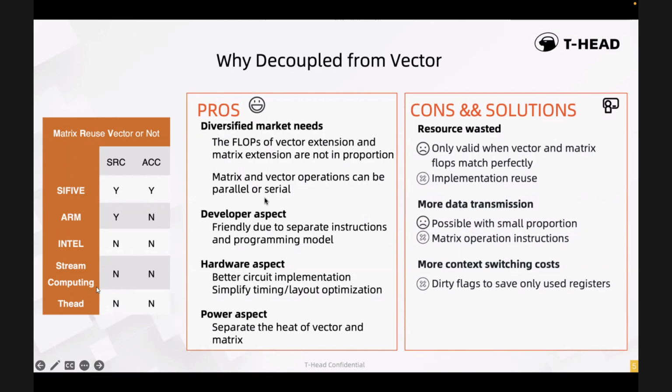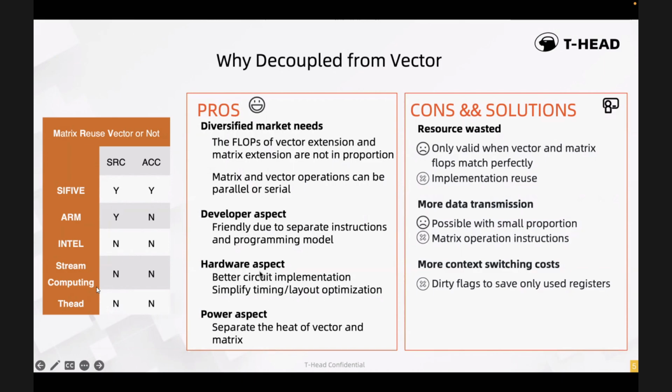And then from a developer aspect, developers no longer need to pay attention to register reuse issues, nor do they need to work hard to understand both vector extension and matrix extension to start network optimization. Independent matrix architecture is a friendly architecture for software developers.